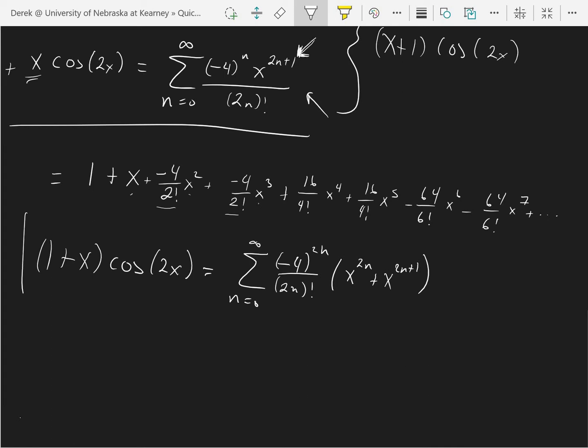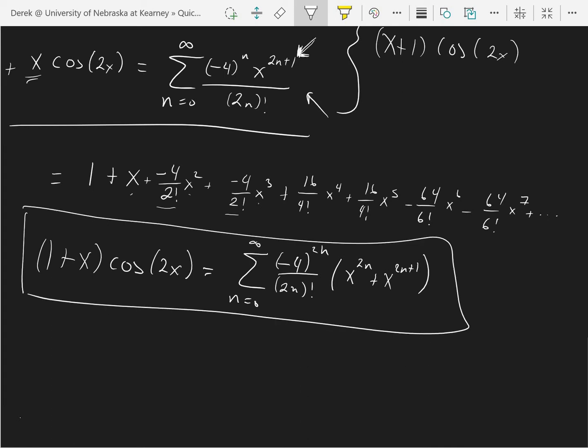So there's an example, and if I wanted to evaluate that at some value, I could just plug it into this Taylor series.